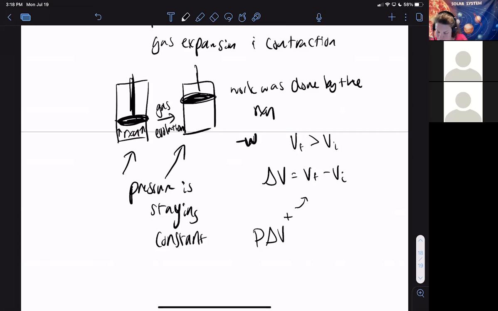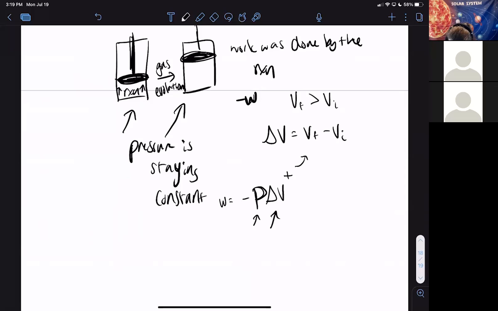So we've got a constant pressure system. Our P is going to stay the same, but we're going to have a change in volume. So this is going to be our work here. But if we've got an expansion of a gas, this is positive. So we would set it up to a negative. So work will be equal to the negative P delta V.